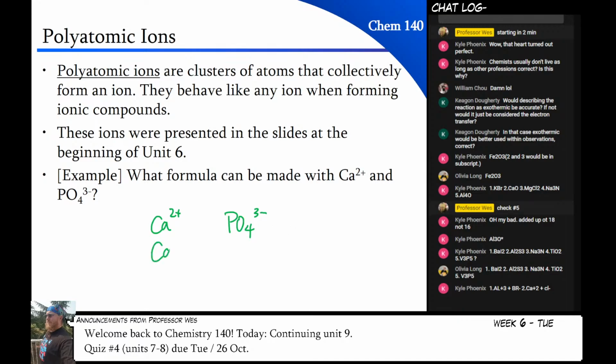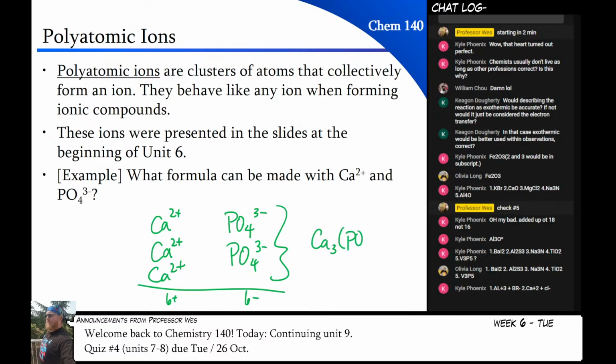So I can keep adding things until I have a balanced total charge. So now I have +6, -6. I can make the formula, and the formula I would get would be I have 3 calcium, so I'll write that. And then I have 2 phosphates, which I'll put in parentheses. And there you go.